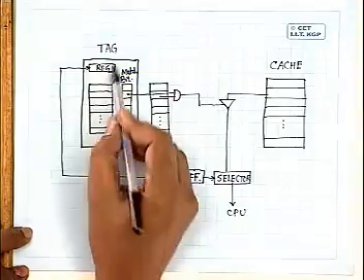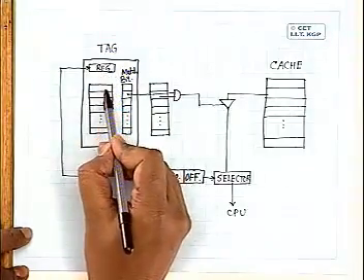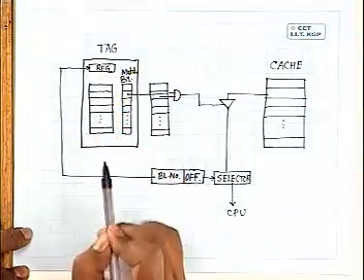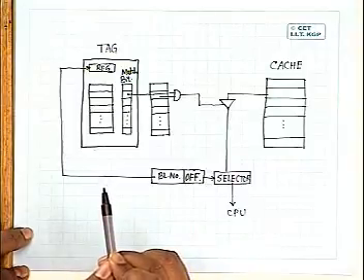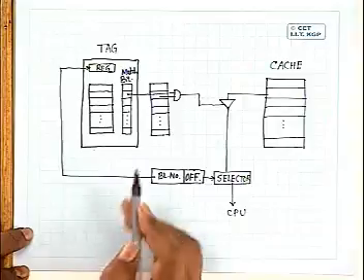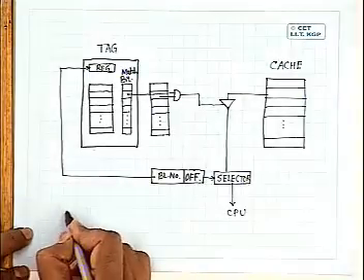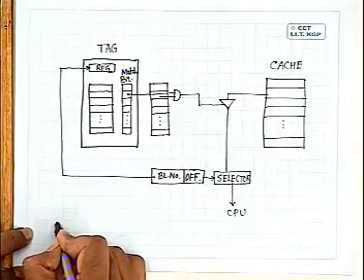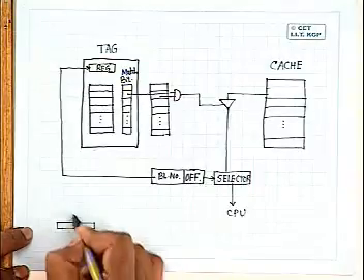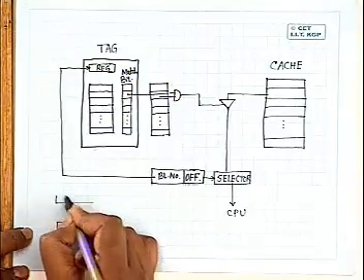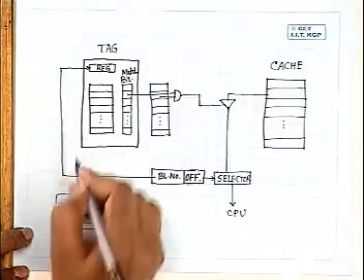Okay. Now, between this register and every such tag location, I have an array of XOR gates. So, it is something like this, that if I take a particular tag memory location, here I have this register.